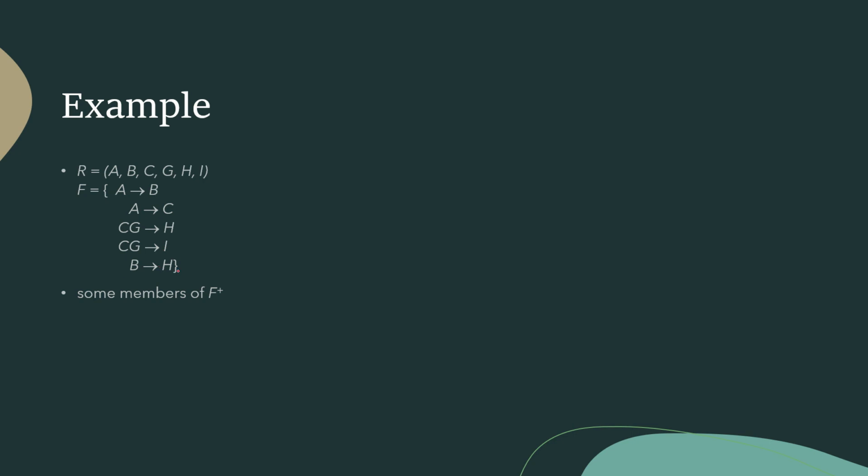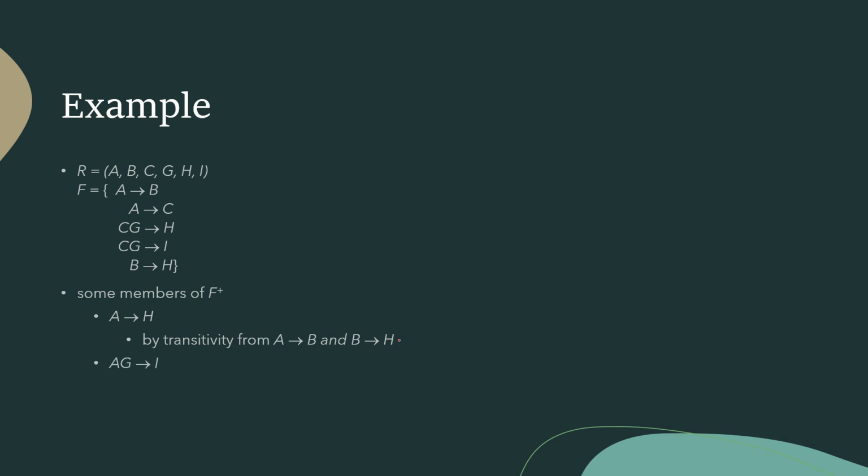So by the transitive dependency, A implies H, which is not specified in the list but is logically created. How is it created? By applying the transitivity rule: A implies B and B implies H.